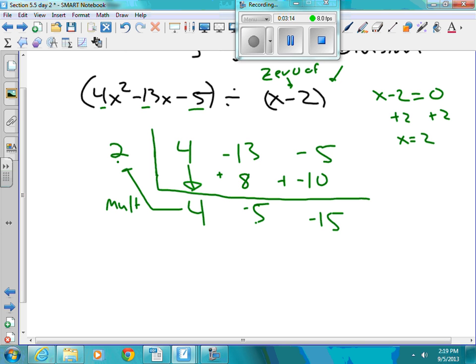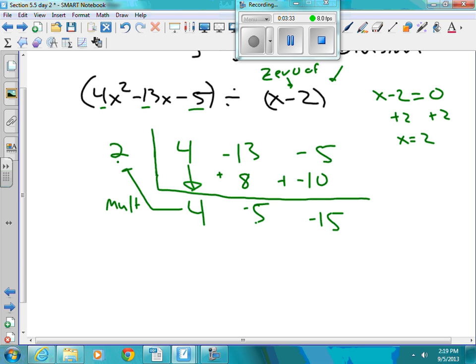Now before, our answer was negative 15. We circled it. But we're not looking for the value at x equals 2. We're looking for what we get when we divide these two polynomials. So here's what our answer would be.